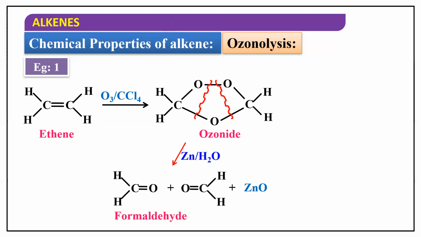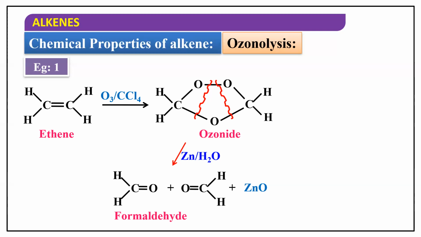All you need to know is whenever there is a double bond, the ozone will add across the double bond. Now, how will it add? The bond between carbon and carbon, and when I say bond, it is bonds. Both the pi bond as well as the sigma bond are broken. And once that happens, the ozone molecule will add across the carbon atoms which had the double bond to form an ozonide.